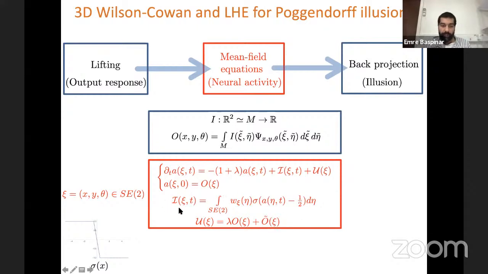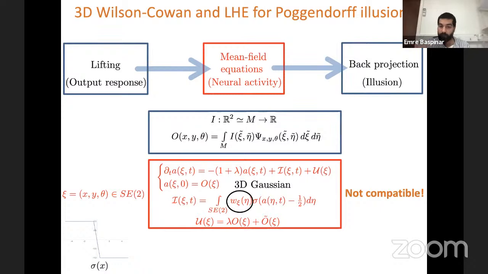And the neural interactions were modeled as the three-dimensional convolution of the firing activity function sigma, which is a piecewise linear function, and which takes as input the relative neural activity with respect to the average gray value, with a neural interactivity kernel, W. And one thing which is important to be mentioned is that in this setting of Bertalmío et al., this kernel was chosen to be a three-dimensional Gaussian.